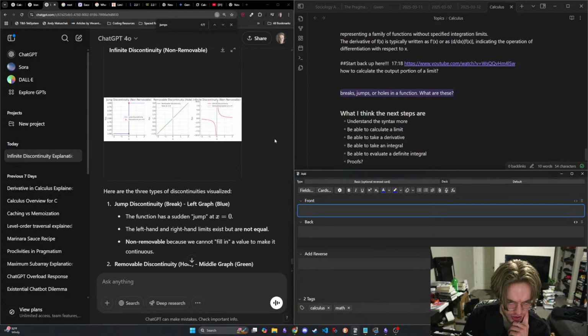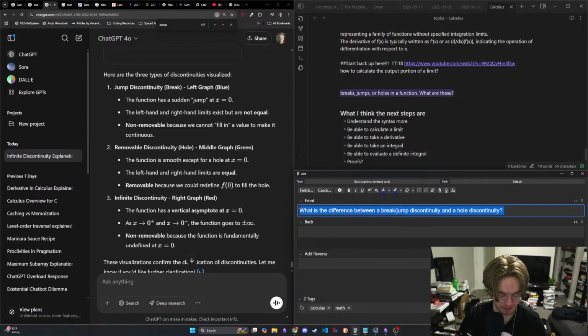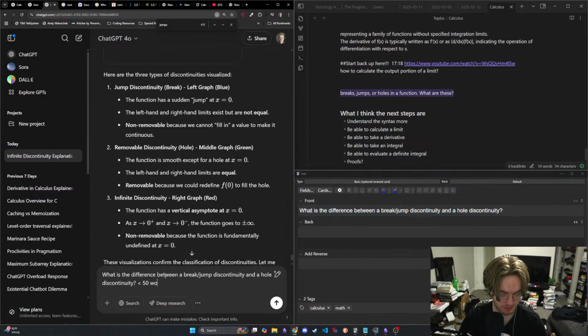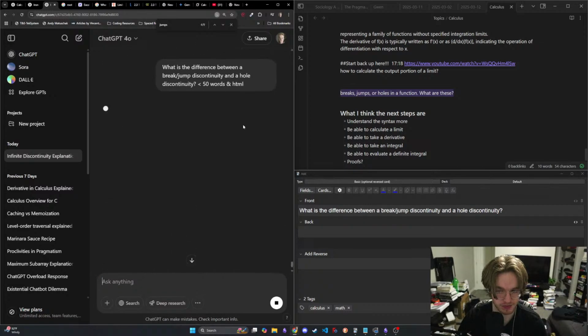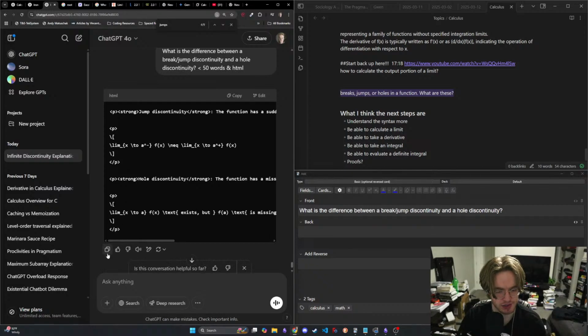This is good. Okay. Let's see. So now I'm just going to capture that difference between a jump and a hole. Break / jump discontinuity, and a hole discontinuity. Sweet.